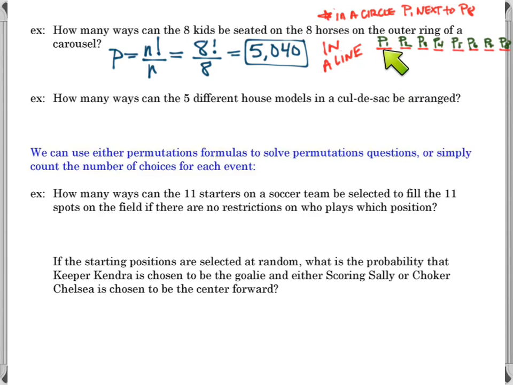So basically this one ordering would be overcounted 8 times if we put it in a circle. We could basically wrap it around here where P1 holds P8's hand, and as long as P1 and P8 are next to each other, it would be the same ordering.